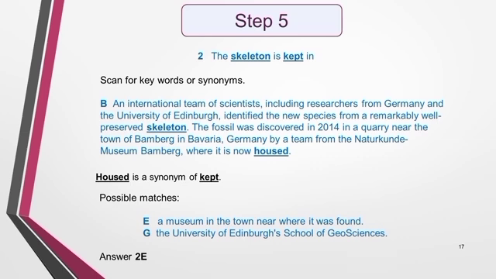The first thing I notice is that there's no mention of the University of Edinburgh School of Geosciences in this paragraph, so this can't be the right answer and can be eliminated. The match must therefore be E. It's hidden in the paraphrasing, but I've got enough clues to know that it's right, so I don't waste time double checking it. I fill in my answer, check the grammar and move on.